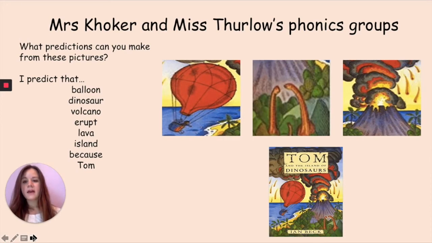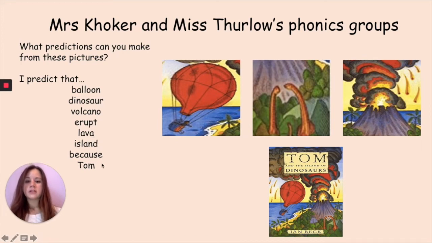If you are in Mrs. Coker and Miss Thurlow's phonics group, this is your activity. What predictions can you make from these pictures? These 3 pictures come from the front cover of the storybook. Can you make your predictions? I predict that, so that's your sentence starter, and here is a word map for you. Balloon, dinosaur, volcano, erupt, lava, island, because, and Tom.